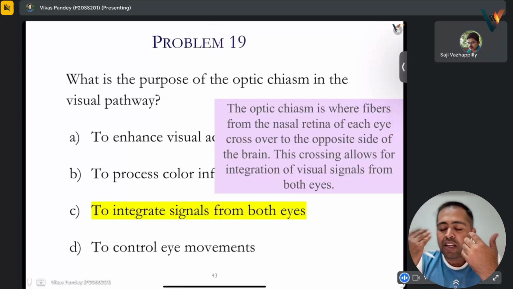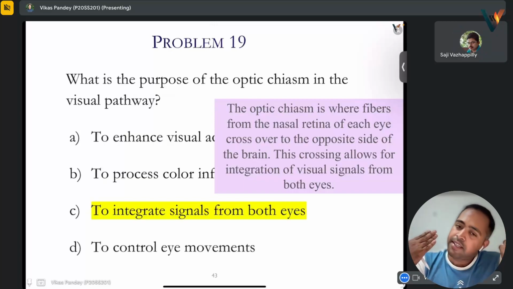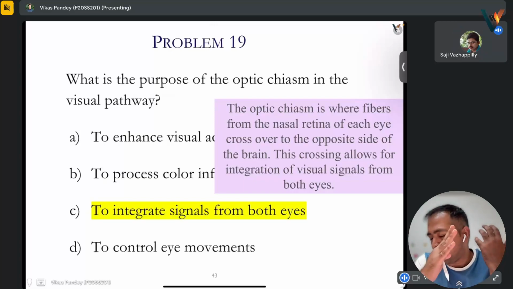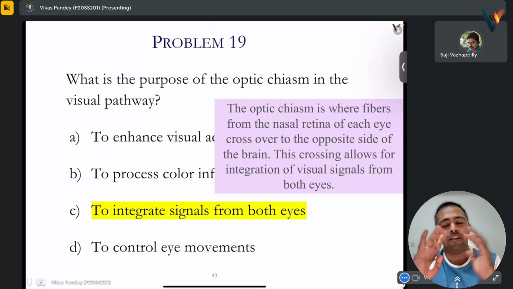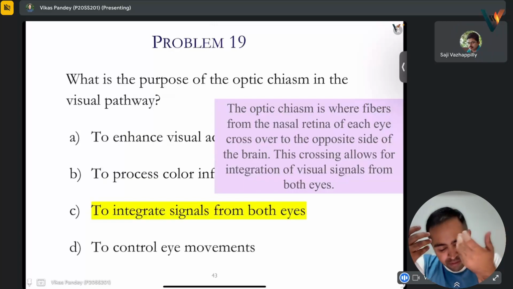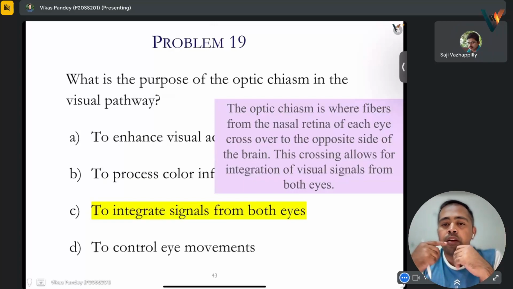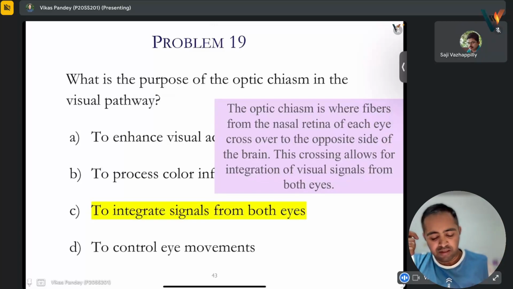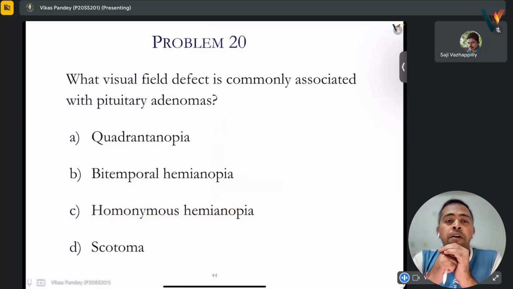So it is something like the right one will go to the left and the left one will go to the right, like crossing over occurs at the center of the brain. This crossing allows for integration of visual signals from both the eyes. Okay, stereoscopic vision and these things are a result of that.